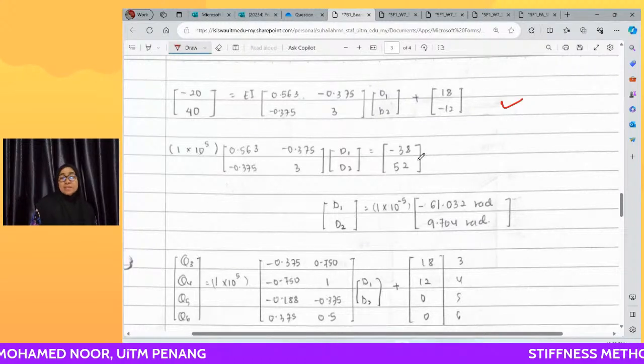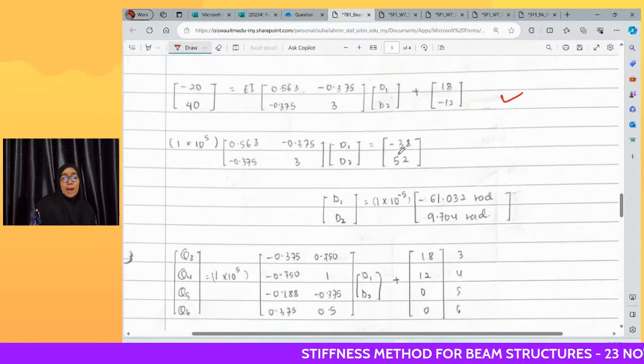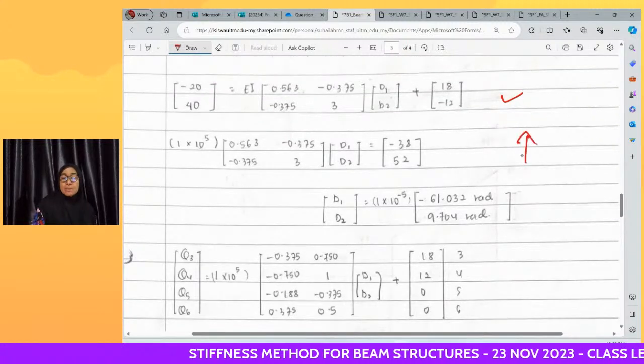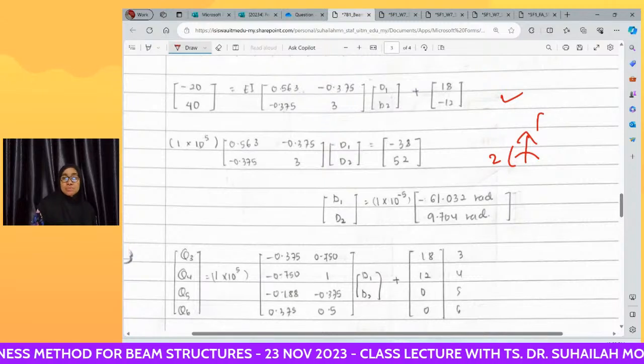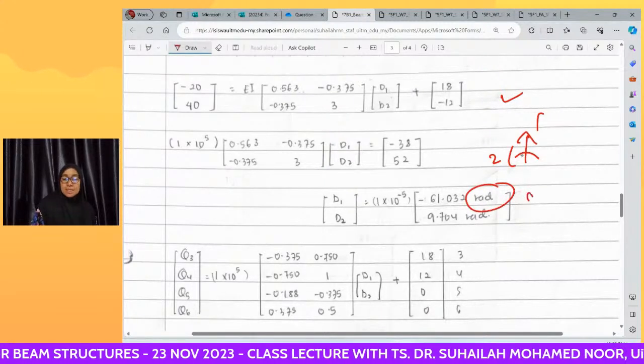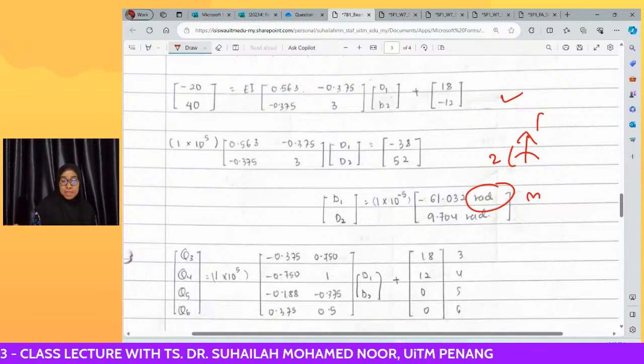We have extra time. So the unit, D1 and D2, remember 1 and 2, this is 1, this is 2. D1 should be in meters.